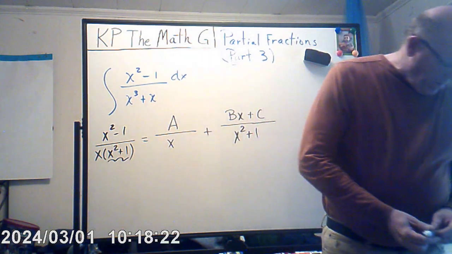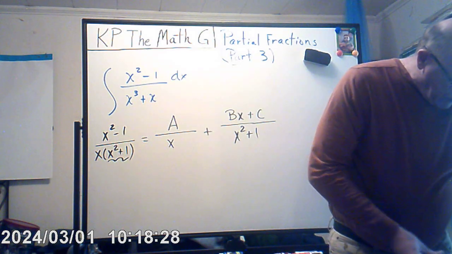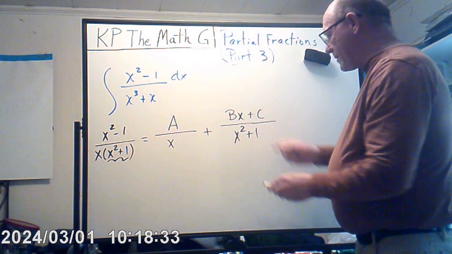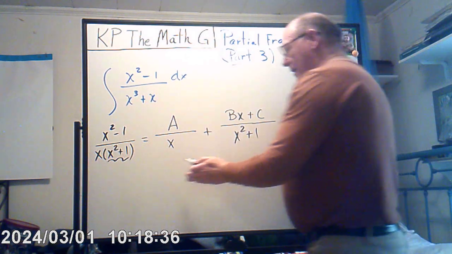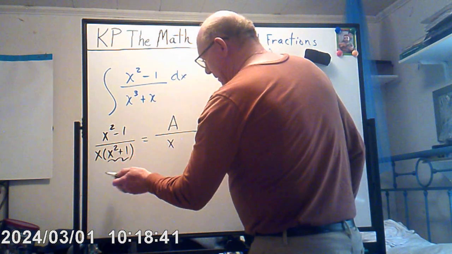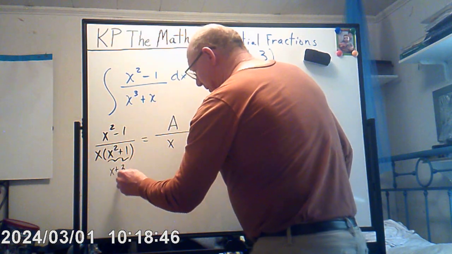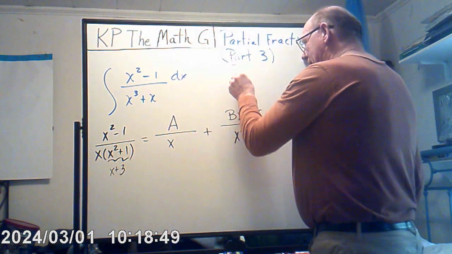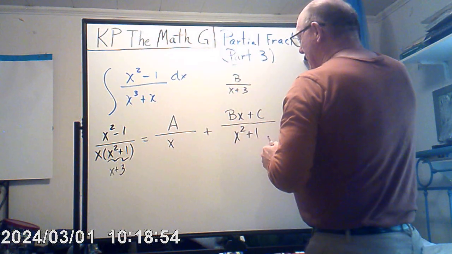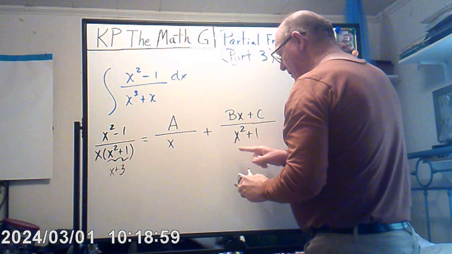I have that worked out. I always like to refer to my notes once in a while, but that's the common thing. Had this been something like x plus 3, then we would have just done a b over x plus 3. But it's not. It's in a square term.